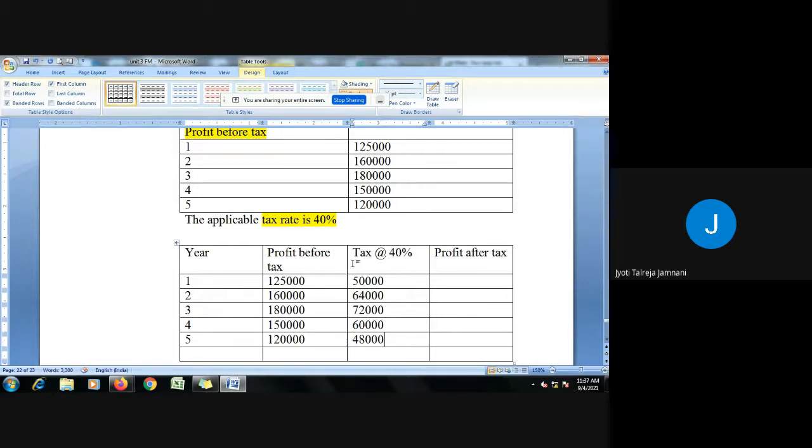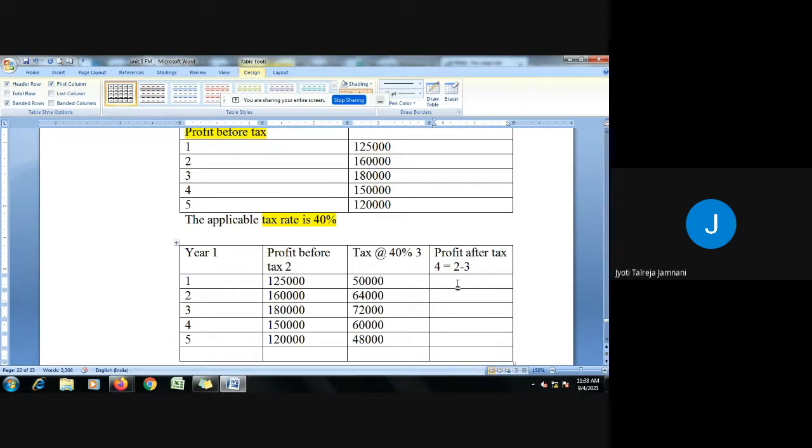Now we'll call them column number 1, column number 2, column number 3. Now profit after tax is column number 4. And how do we calculate? So 4 is equal to 2 minus 3, that means profit before tax minus tax. We'll get the profit after tax.